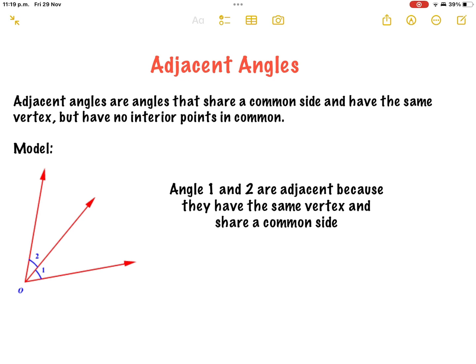For adjacent angles, we need to remember that they always have to have a common side, but no interior points. So if the angles look separated, or they are not together or do not have a line in common, then they are not adjacent angles.